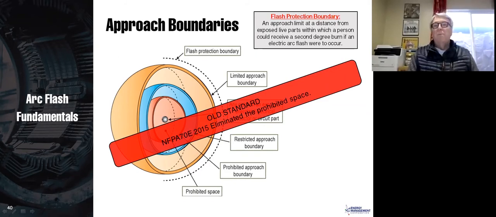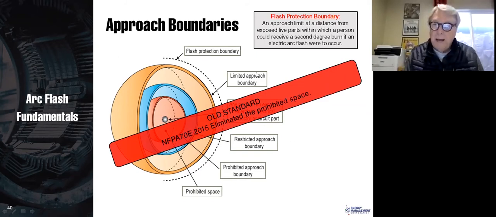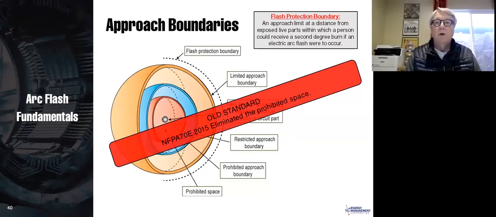Now, the way I remembered these was, this is your visitor boundary, this is your helper boundary, and prohibited is your worker boundary. So if you just want to come in and look and talk to the people doing the work, you should not cross the limited approach boundary unless you are qualified or with a qualified person.